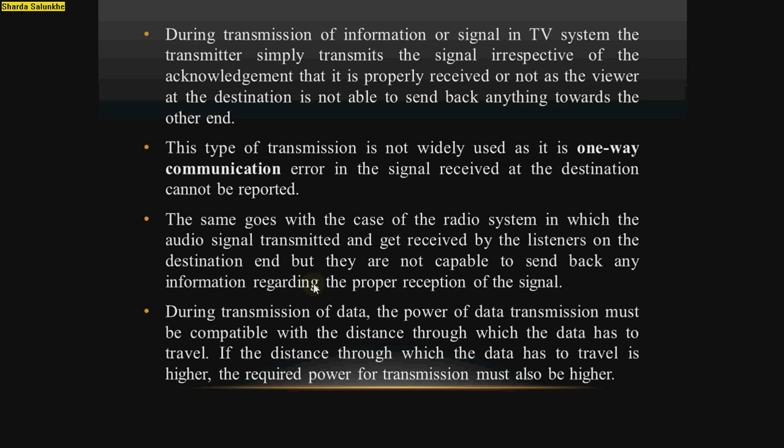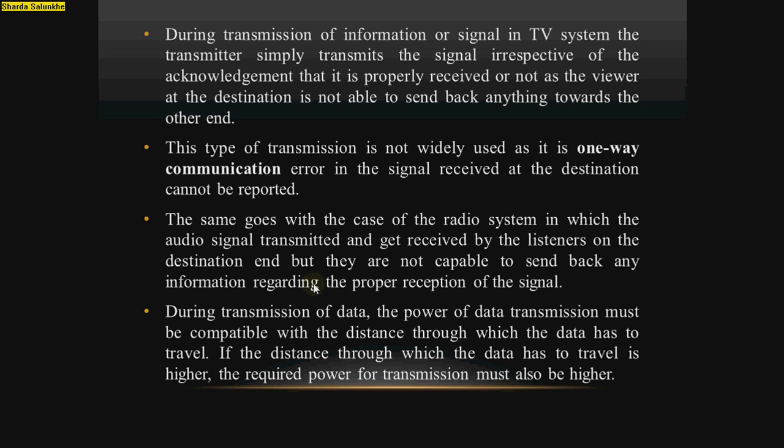This type of transmission is not widely used, as it is a one-way communication. An error in the signal received at the destination cannot be reported. So if any receiver gets an error during reception, the acknowledgement or feedback process is not available there. This is one of the drawbacks of this communication system.